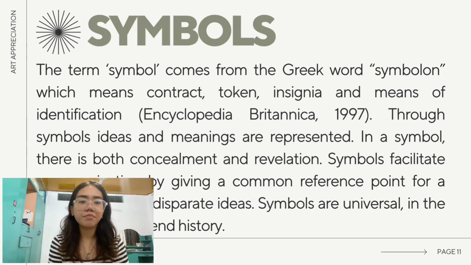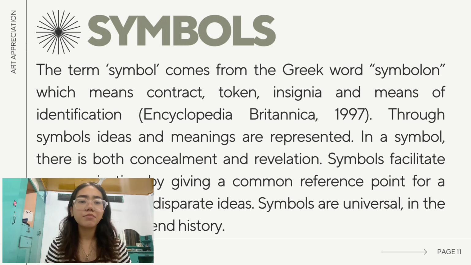So the word symbol comes from the Greek word symbolon, which means contract, token, or insignia, or a means of identification. A symbol is used to represent ideas, meanings, or concepts. It also allows people to communicate complex thoughts using a simple image, object, or sign.